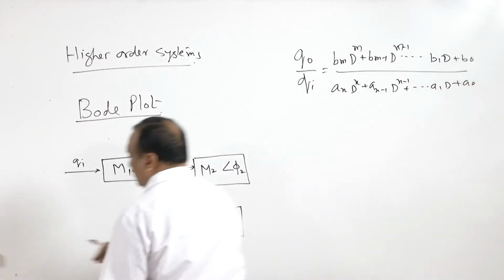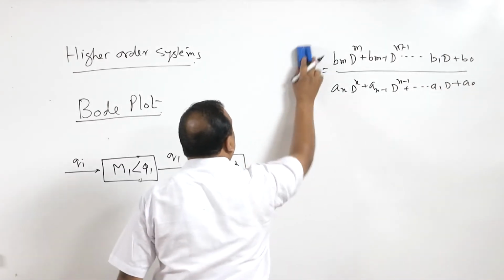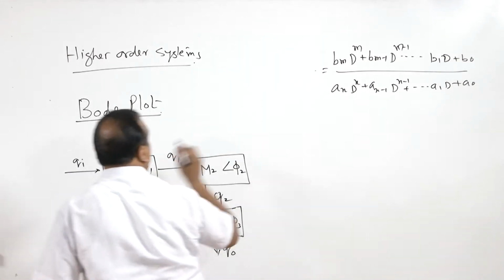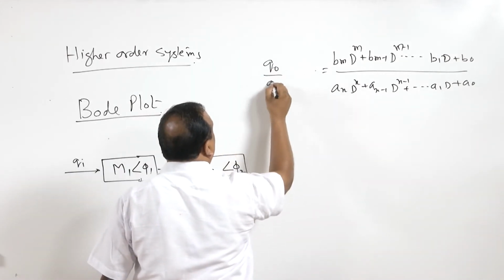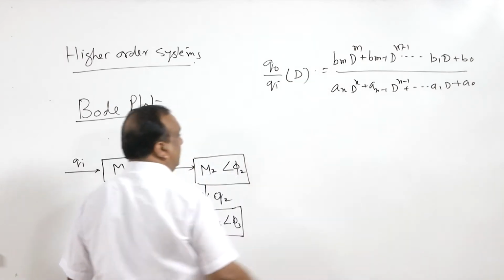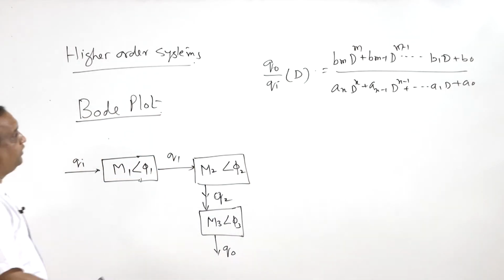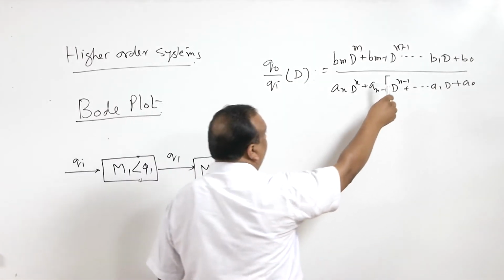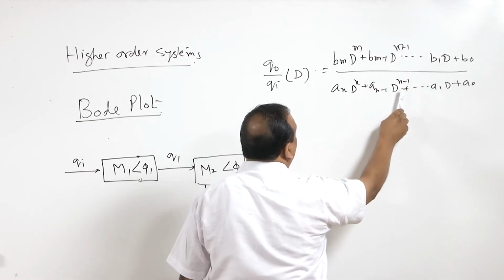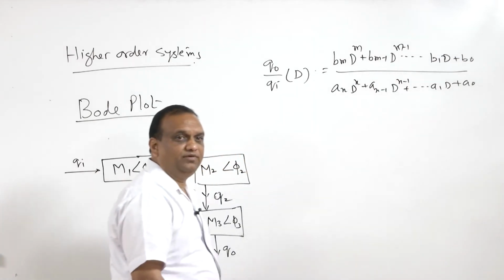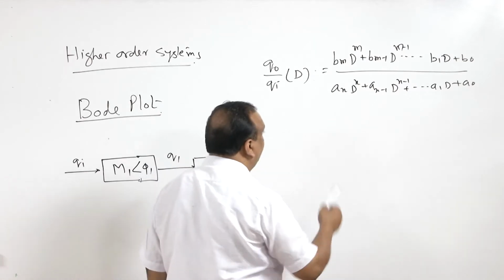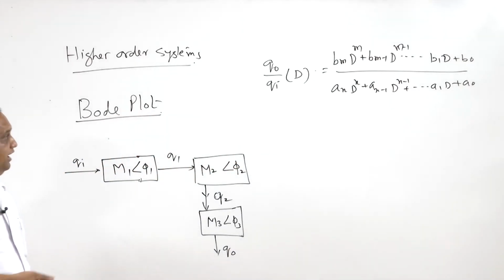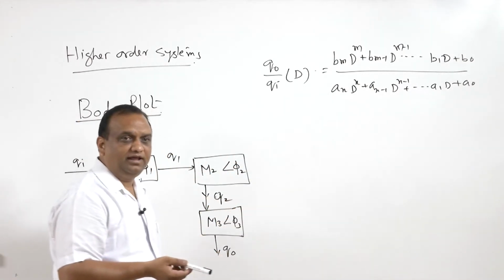This is not a ratio, it is a transfer function, Qo upon Qi. Now if we go for third order, then n is going to be 3. When we go for fourth order, then n is going to be 4.